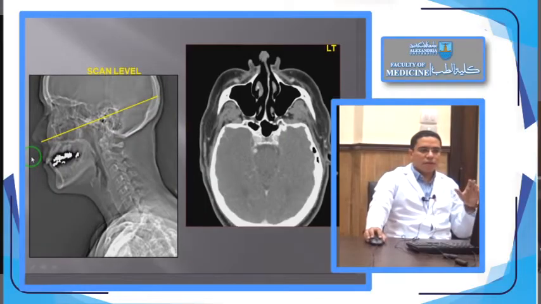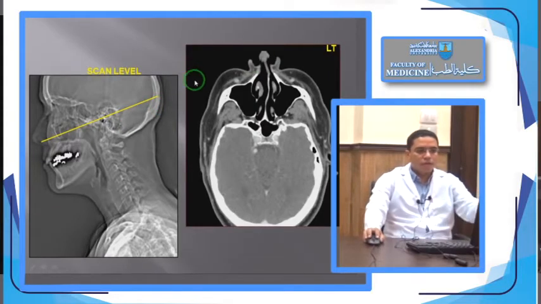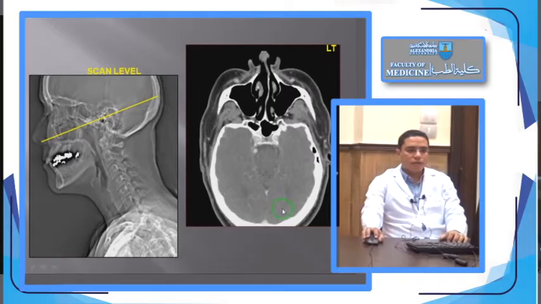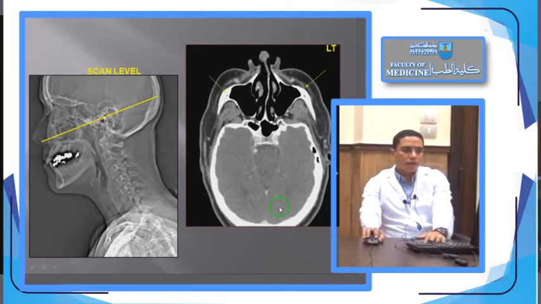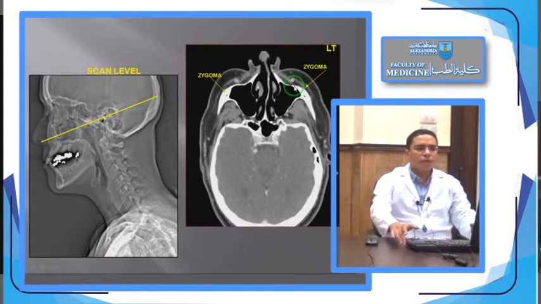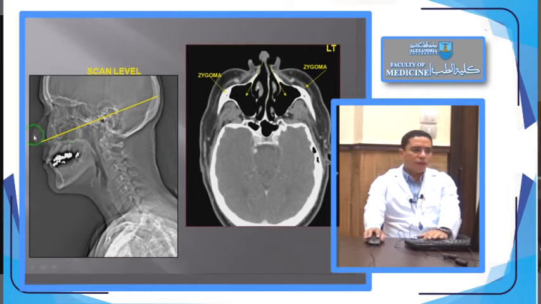So starting with this cut, you can see that this cut is at this level. When we go from anterior to posterior, what are the structures here? We have a bony structure here anteriorly. This is the zygoma. And we have an air structure in this position.